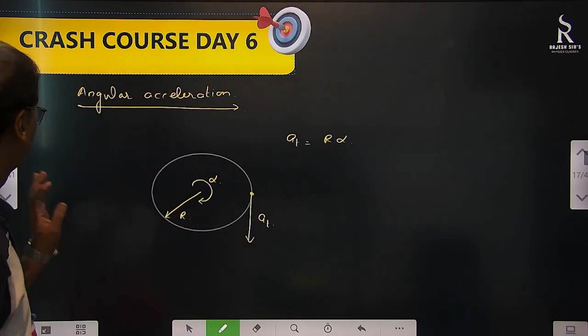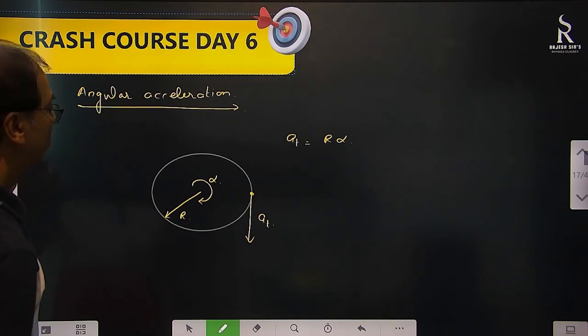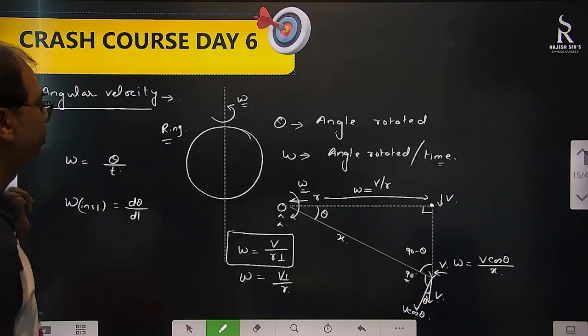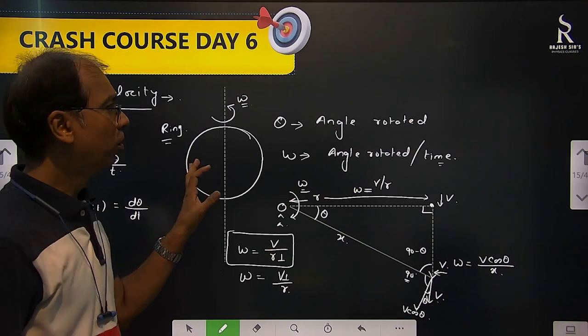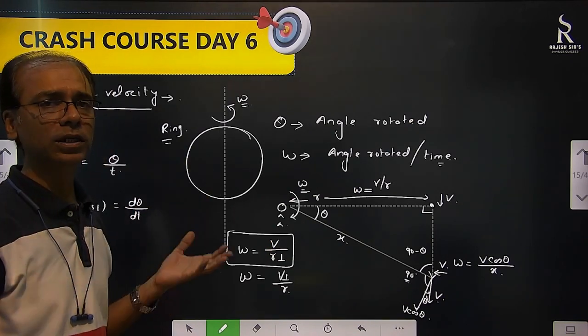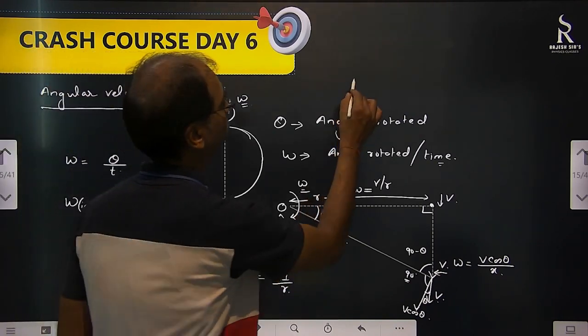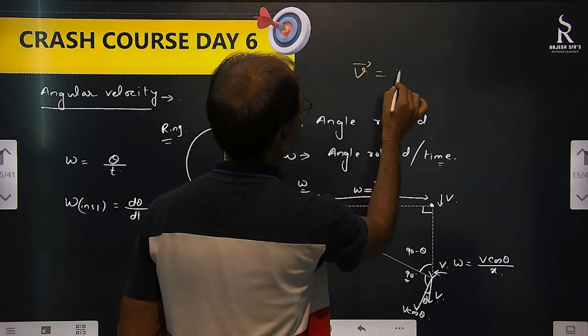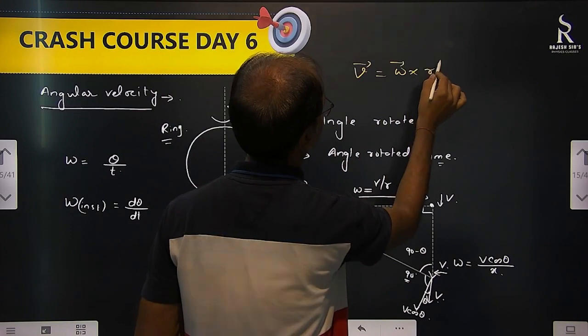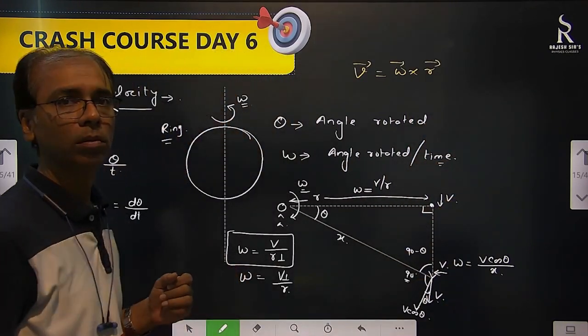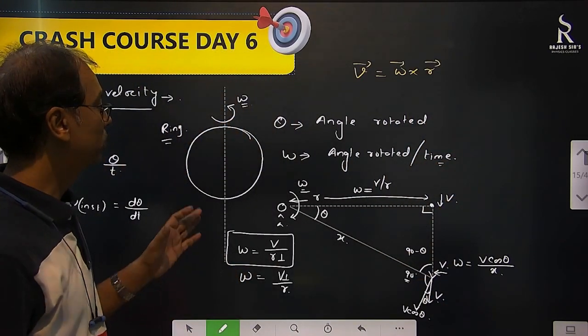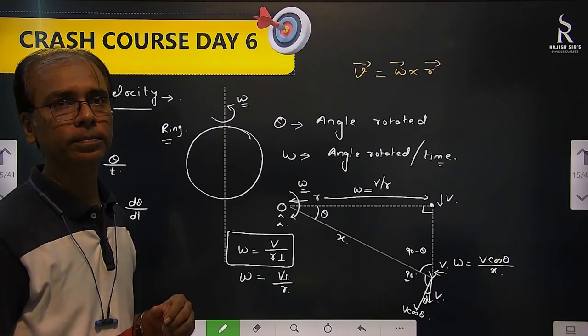But now, to understand this in a better way, I am going back to omega. Omega's direction is what? Because we said it's a vector quantity. I told you that V equal to omega cross R. That means omega is a vector quantity. What is the direction of omega? The direction of omega is always perpendicular to the plane.